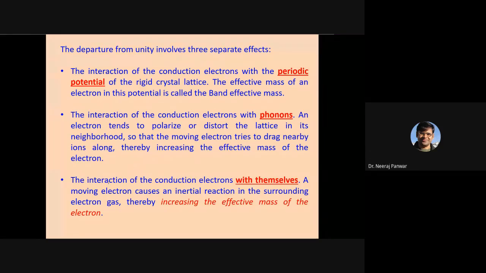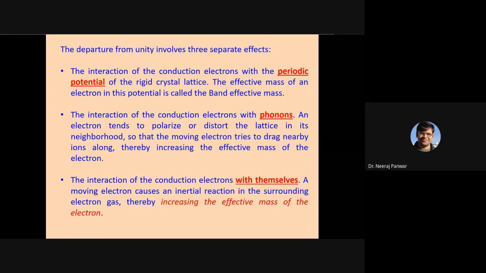The third interaction is the interaction of the conduction electrons with themselves. That is the interaction of the electron with other electrons. A moving electron causes an inertial reaction in the surrounding electron gas, thereby increasing the effective mass of the electron.